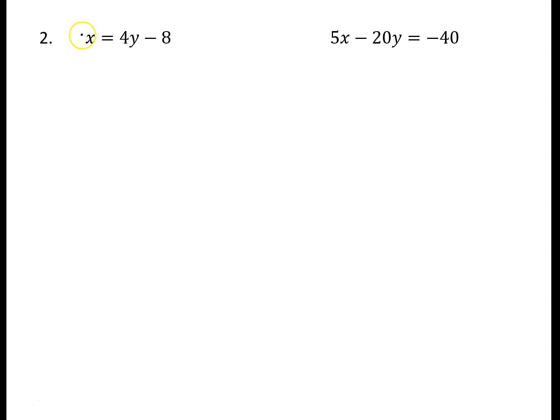So your variable that's isolated is equal to this, then that means I could replace x in my other equation with 4y minus 8, because that's what x is equal to. So now we go to the second equation. We still need the 5. Replace the x with 4y minus 8.